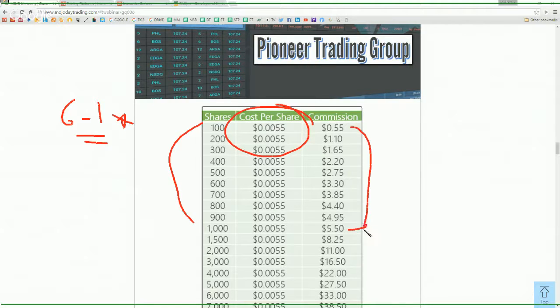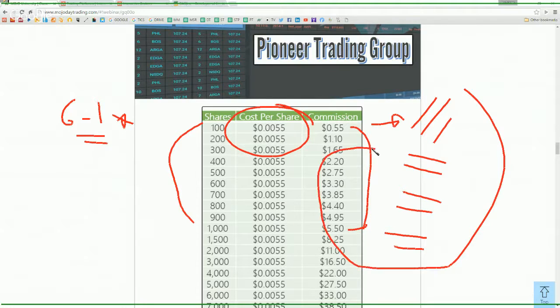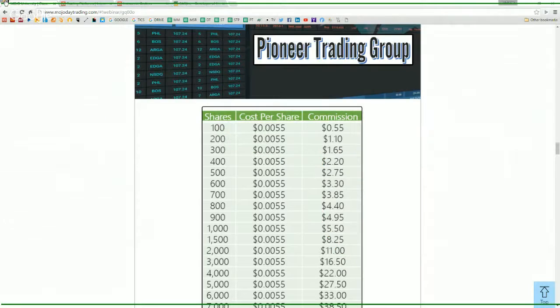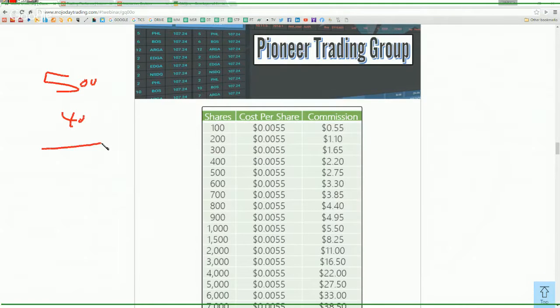So if you do 100 on UVXY and you go 100, 100, 100, 300, 300, 700, 700, 1,000, 1,000, that costs you virtually nothing. You'll make $500. You'll sell it on the way out. You'll make $500 profit. It'll cost you $40. You walk away with $460. Trade's over.